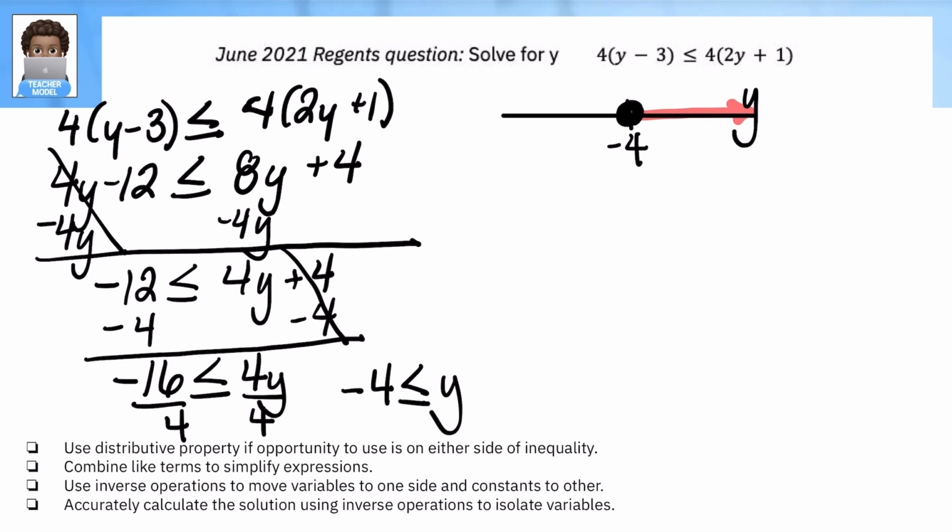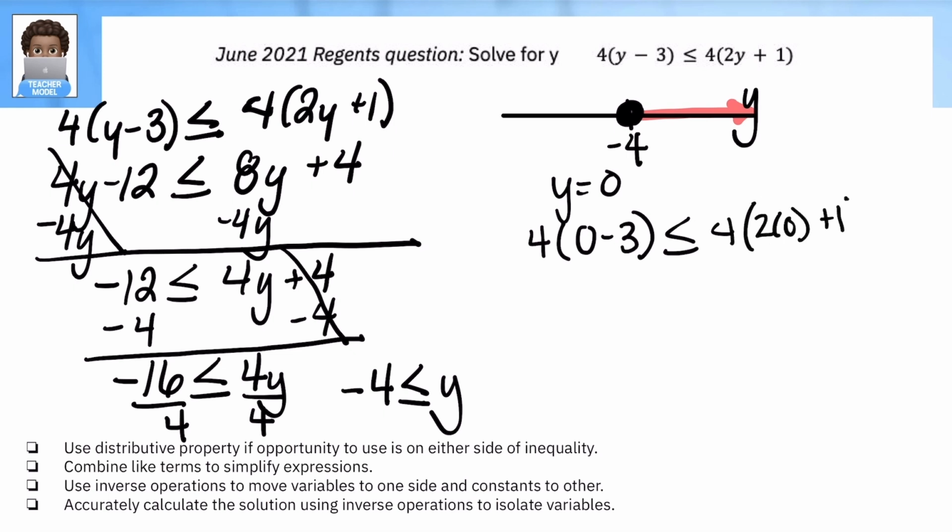All right, so let's test this. I'm going to choose a number that is greater than negative 4. I'm going to choose 0, when y equals 0. So 4 times 0 minus 3 is less than or equal to 4 times 2 times 0 plus 1.